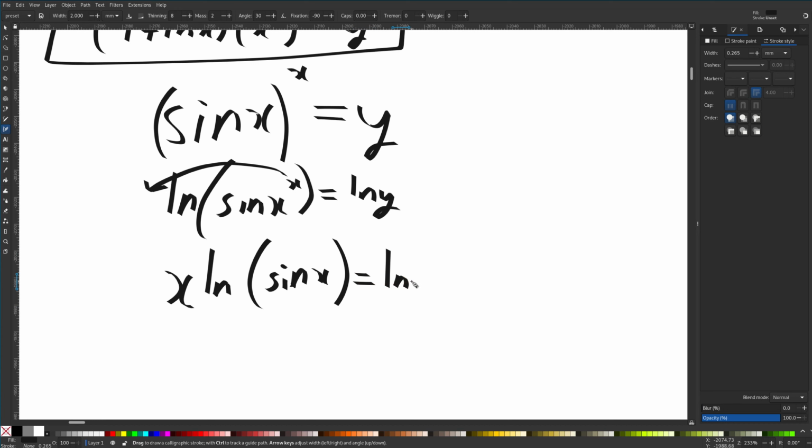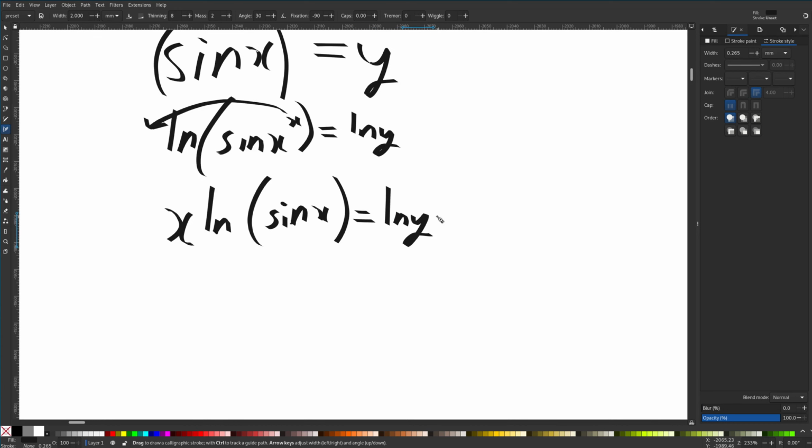Okay, now that we have these equations ready, it's time to differentiate. Okay, the right-hand side, again, that's just going to be y prime over y.